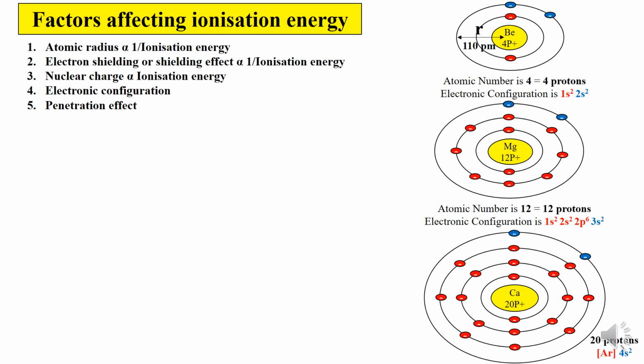also increases. So in case of beryllium, the atomic radius is 110 picometers. In case of magnesium, atomic radius is 140 picometers. Well, in case of calcium, atomic radius is 175 picometers. So as the distance between the nucleus and the outermost valence shell increases, there is decrease in the attraction between the positively charged protons in the nucleus and the outermost valence electron.